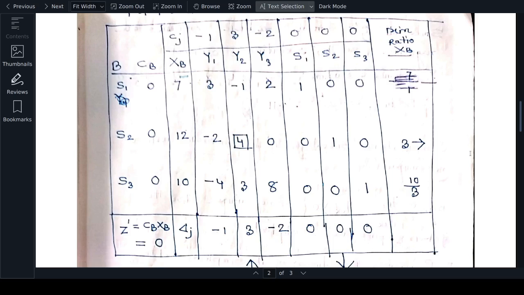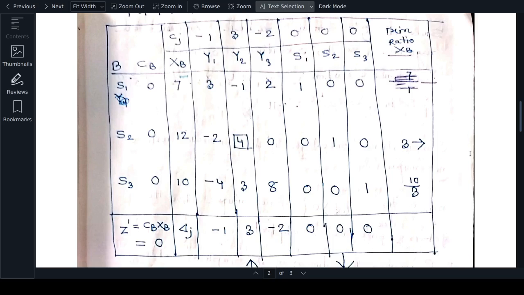In XB column, this is 12 because x1, x2, x3 equal to 0, then S2 equal to 12. Then third column of identity matrix is 0 0 1. So similarly, this is S3, its coefficient in the objective function is 0, then its current solution will be 10. Okay, then this table.